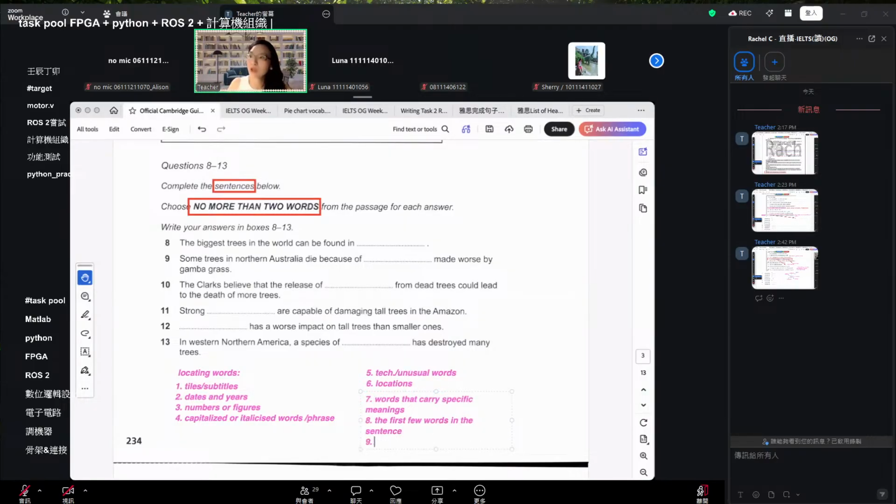Number 9 would go for the word close to the blank space. 好，这其实有12种，但我们先讲常见的这几种，然后不要唠叨大家太久，但通常找定位字就是这几个。So if we were to look for the ideas down there, question number 8, what might seem like a proper locating word: the biggest trees in the world. So the biggest trees in the world, the biggest trees can be found in.